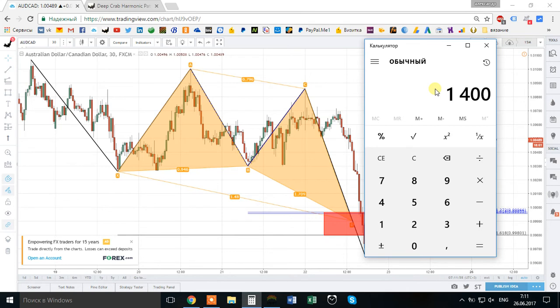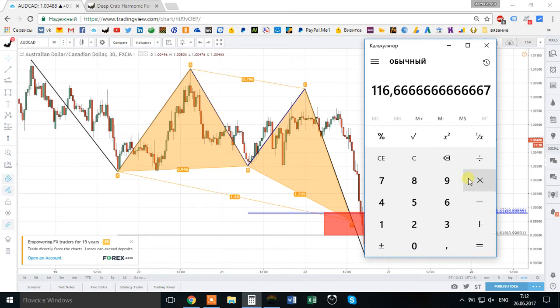You should remember that identification of one setup takes 5 minutes. 1,400 setups multiplied by 5 minutes, so it will be 7,000 minutes spent in backtesting. Divided by 60, let's find how many hours it takes. It takes 116 hours.